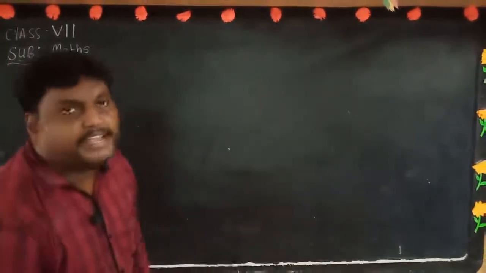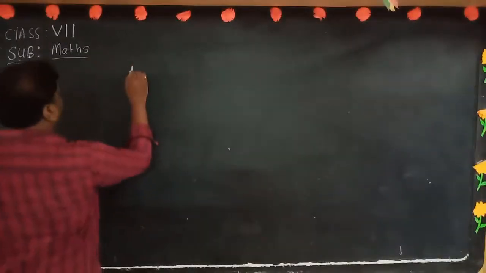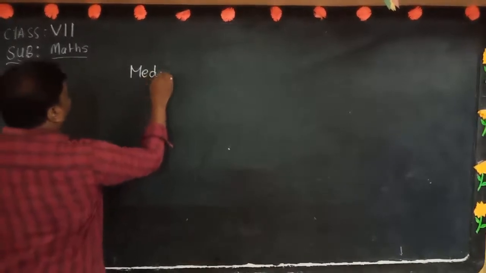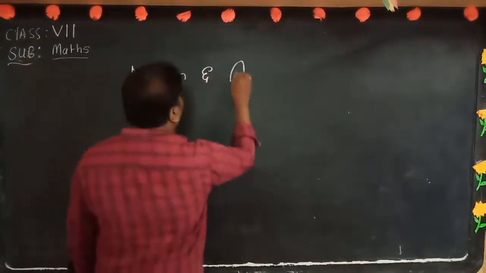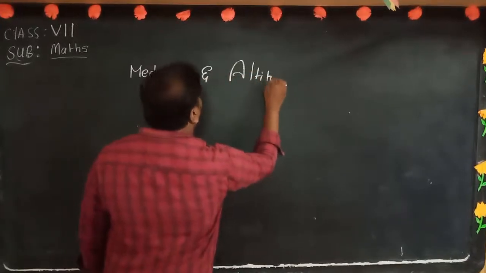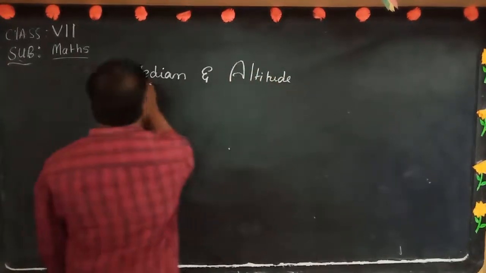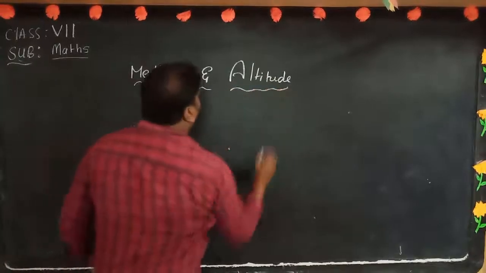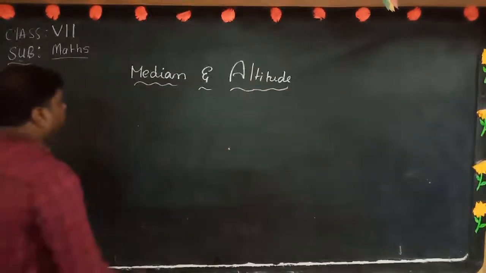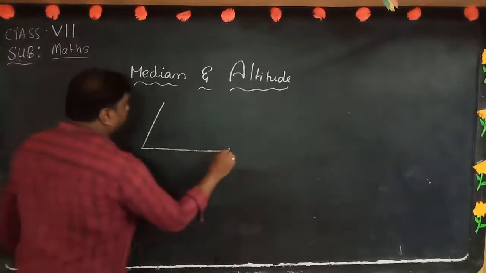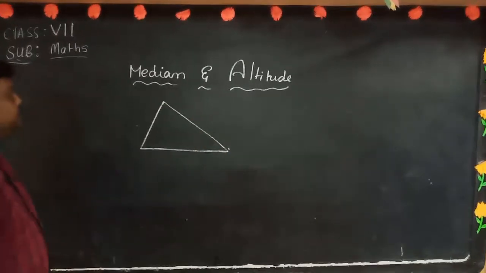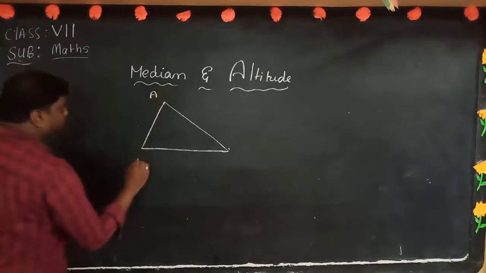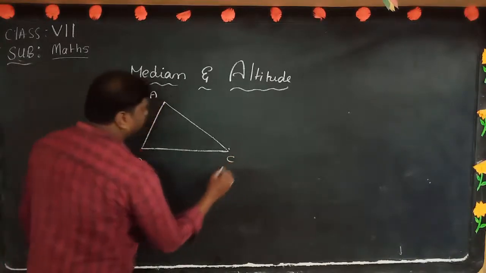Next, median and altitude. Take any one triangle. A is one vertex, B is one vertex, C is one vertex.